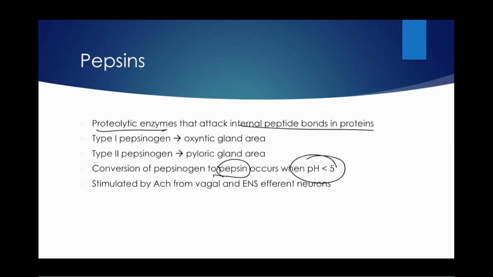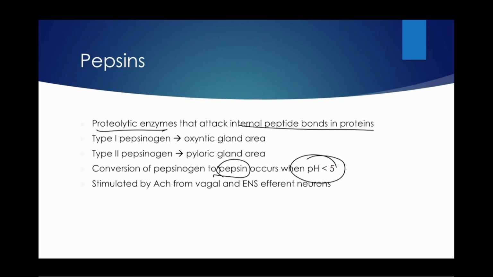Is the pH less than 5 normally in the stomach, do you think? Normally it's not, it's a little bit higher, around 5, maybe a little bit higher than that. We don't need pepsin active because we don't have any food in there. When you start eating, what are we going to produce a lot of in the stomach? Gastric acid. What's going to happen to the pH? It's going to drop because we ate something.